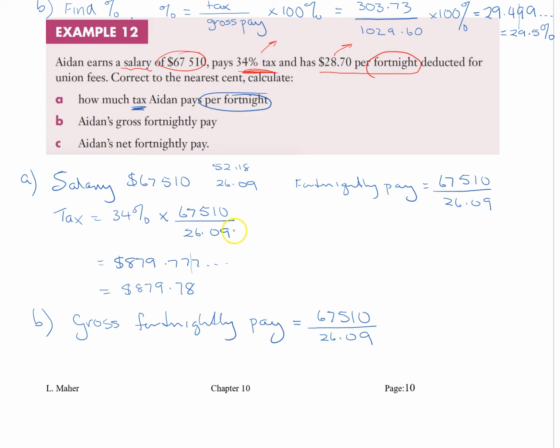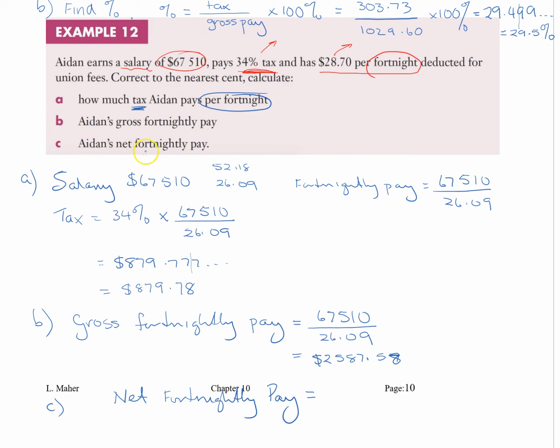If, when you were calculating the tax, you actually recorded the answer to that somewhere, then you can write your answer straight down for B. And the answer is $2,587.58 per fortnight.